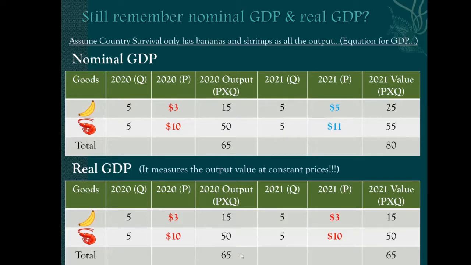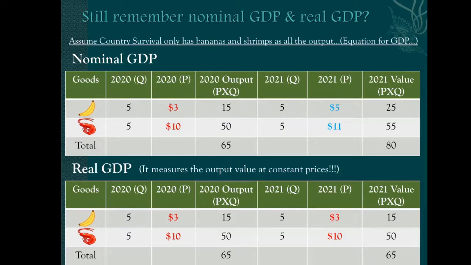Using this base year price level, for 2021 we use the same set of prices. At the end, look at this: for the two years, this time we can call it real output, they are the same. So there's actually no change in your GDP.